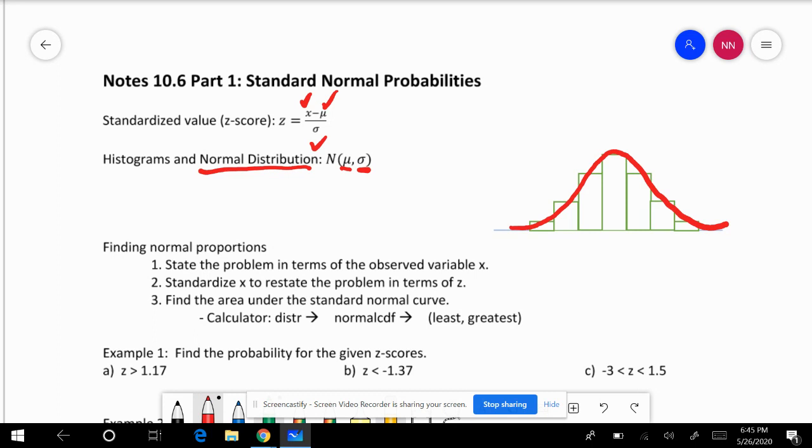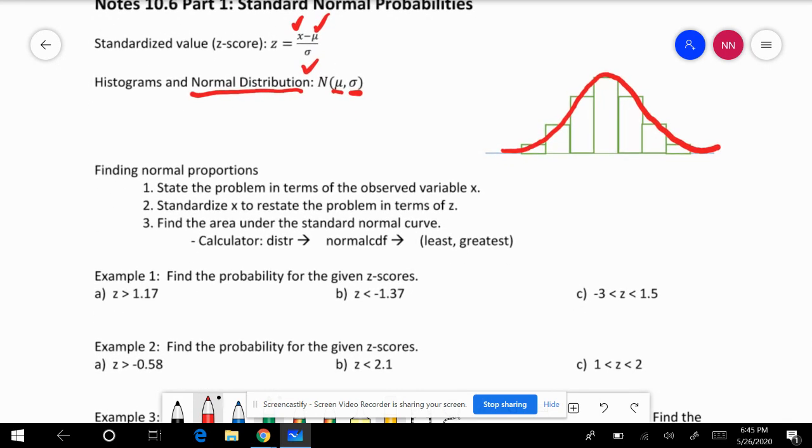If you don't have a graphing calculator, you want to make sure you have Desmos. You need a calculator that does z-scores in order to complete this lesson. If you have a graphing calculator like a TI-84 or a TI-83, then these are the instructions. You're going to be using your calculator function.